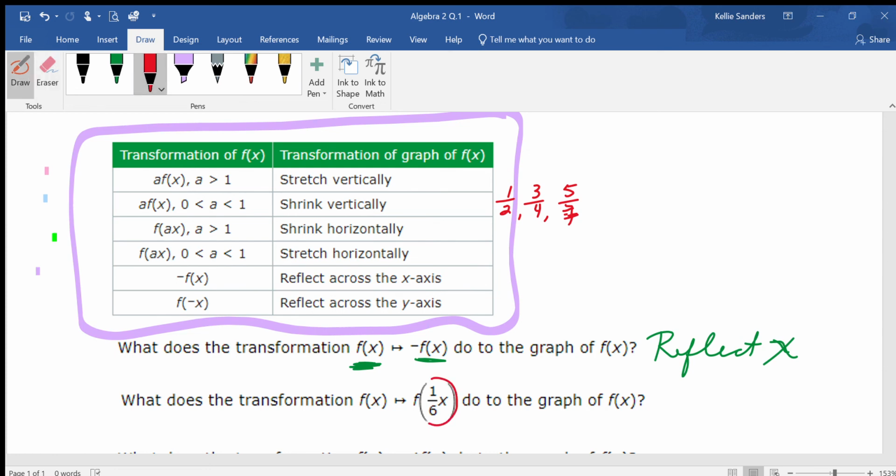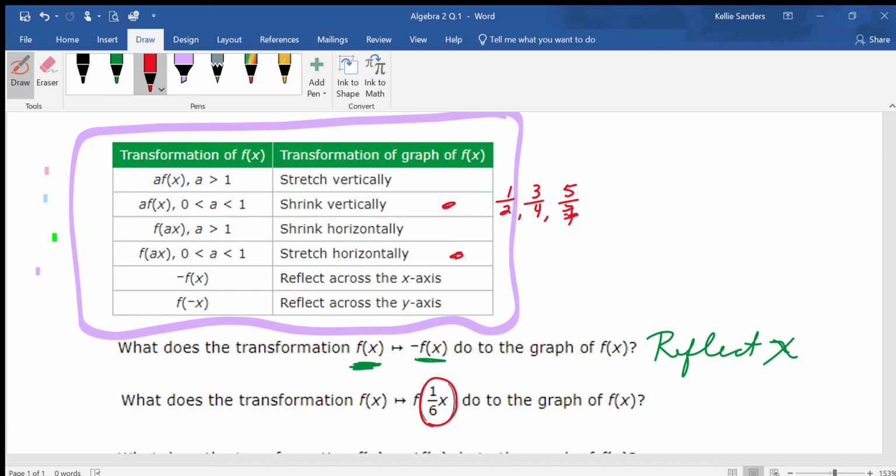Alright, so we see this 1 over 6, x. Is 1 over 6 bigger than 1, or is it between 0 and 1? It's between 0 and 1, okay? So it's either going to be this one or this one. Is the 1 over 6 with just the x, or is it on the outside, which means everything's going to be multiplied by 1 over 6?